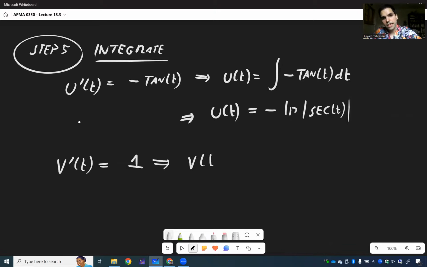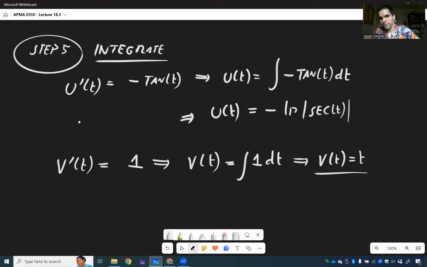So v of t is integral of 1 dt. So v of t equals t. And then we get our homogeneous solution, sorry, our particular solution.